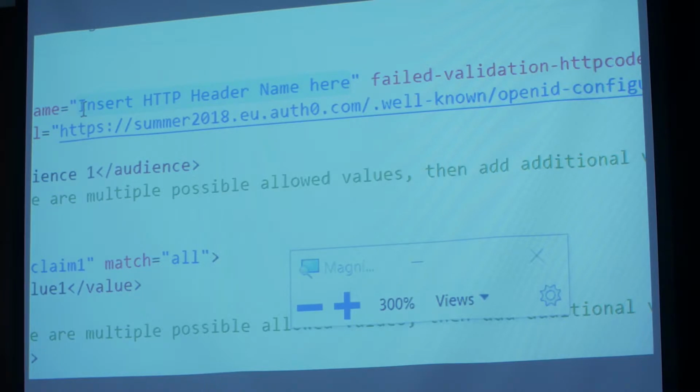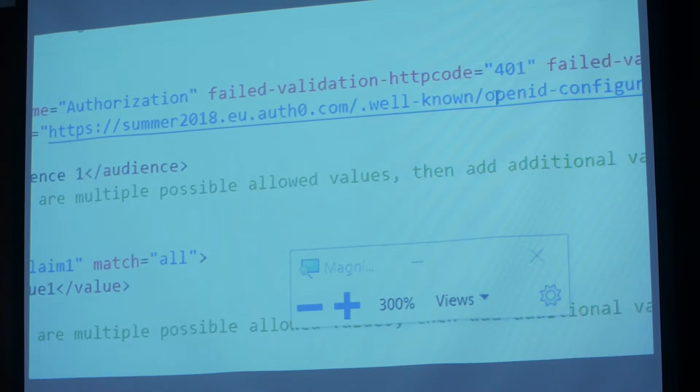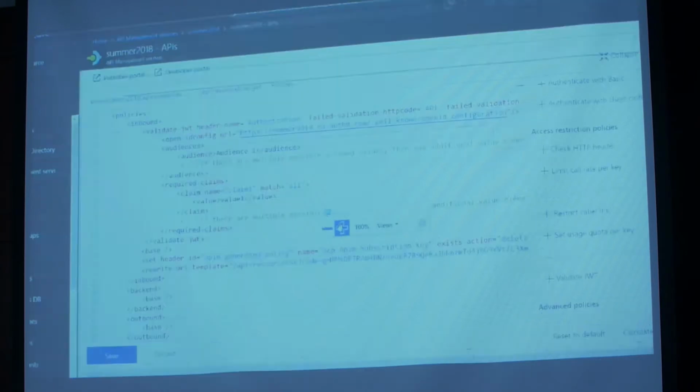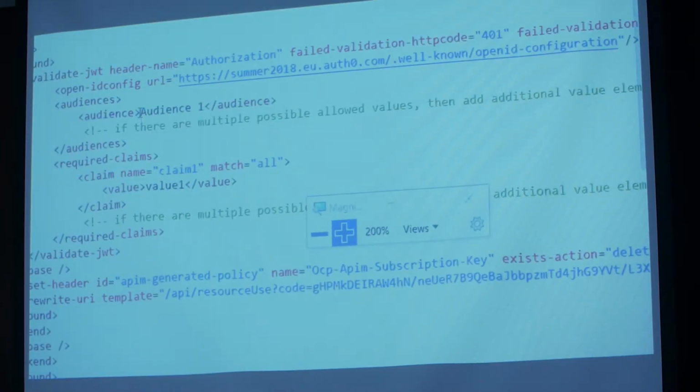For the API key, we used X-API-Key. Here, we're going to use the standard authorization header to pass the access token with. Just have to make sure that I don't miss anything, so I'm just going to zoom out a little bit. The audience, I'm just going to fill in. Again, we will explain more about it later, but an access token can be issued for multiple audiences.